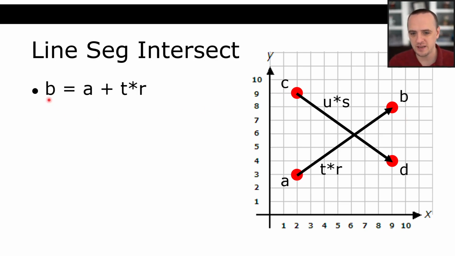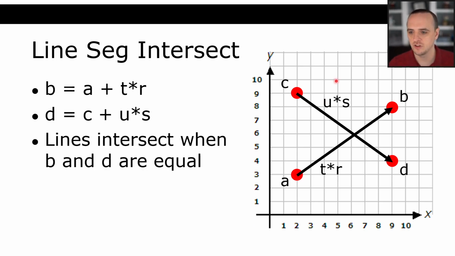So we've got B is equal to A plus T times R, and D is equal to C plus U times S. Right? We've already said that. So the line segments are going to intersect when these values of B and D are equal. So when we have the correct scalar values, B and D will be equal.